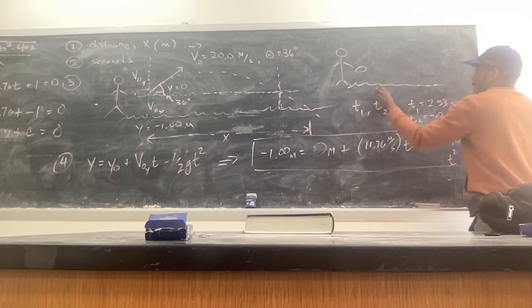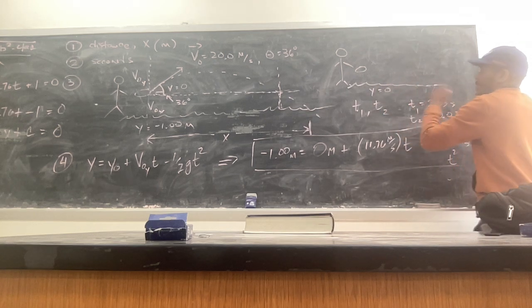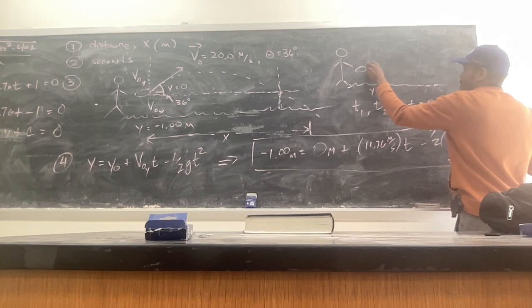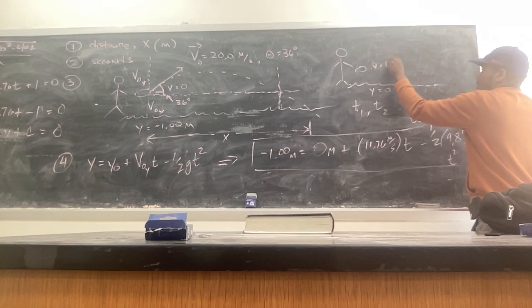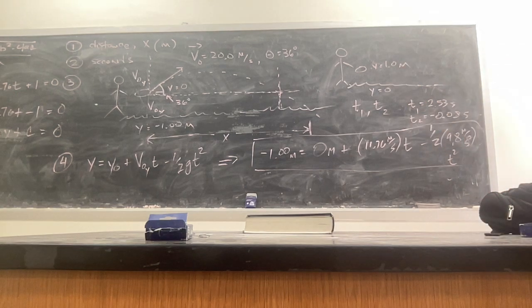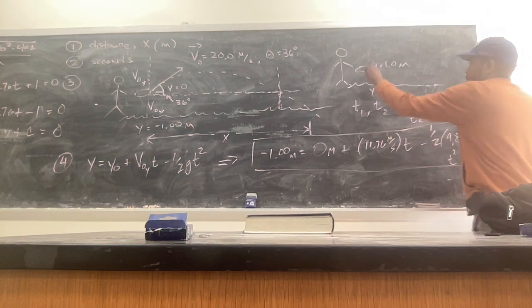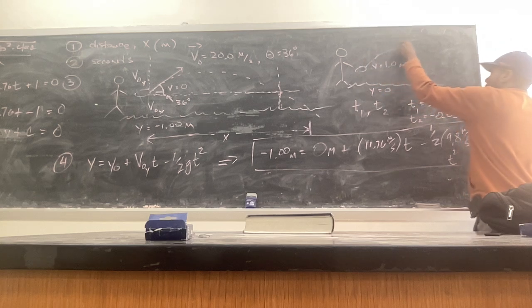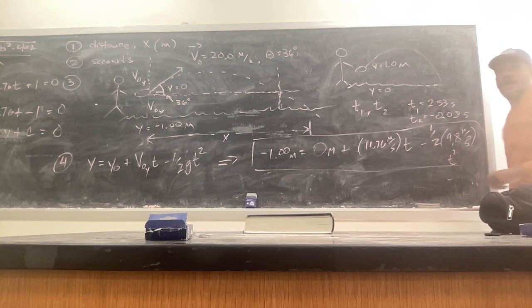We're gonna make this y equals 0, and we're gonna make this y equal 1 meter. Positive though, right? Then when I kick it, it's gonna go like this, right? When I do my quadratic equation, I'm still gonna get a positive and a negative number.